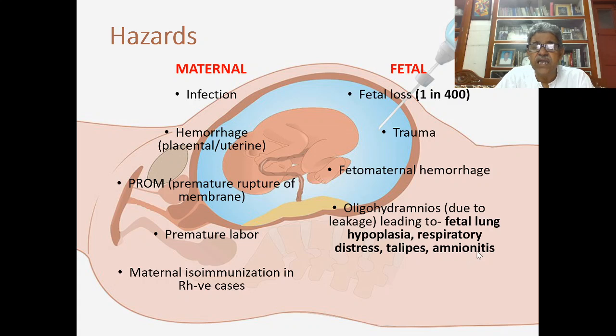Amnionitis, there may be a chance of infection in the amniotic cavity. So, during this process, one should keep in mind the different types of hazards that may occur during this procedure. Thank you all.